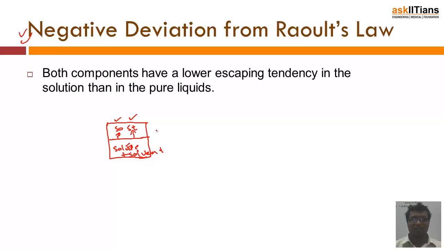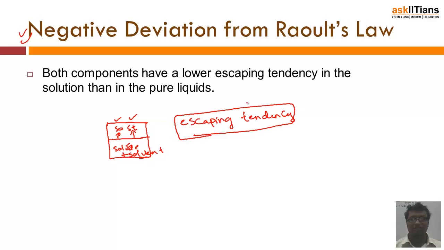So what is happening here? Here the concept is escaping tendency. That is, the components present in the solution are escaping to form a vapor. Remember, if the escaping tendency is low, what happens? Vapor pressure depends on the mole fraction or the number of particles of both solute and solvent in the given vapor phase.